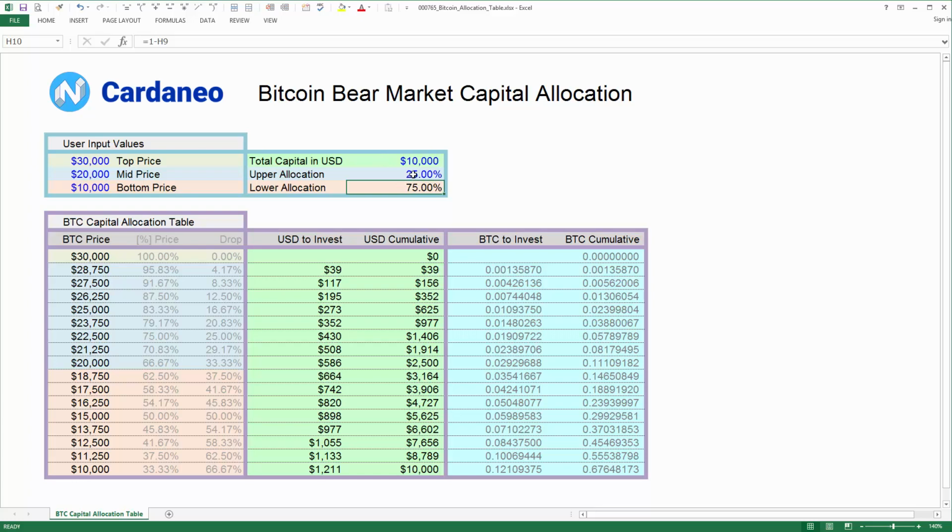Now, if you keep it at 25%, that is considered a very conservative approach, because now you're allocating only 25% for prices up to $20,000, which means if Bitcoin price goes down to 20,000, you will only have invested 2,500, and another 7,500 will remain available for prices below $20,000.